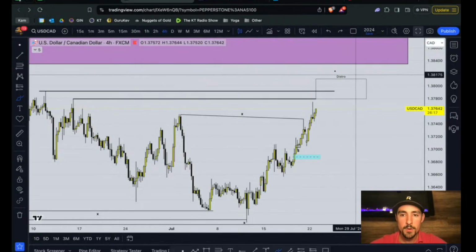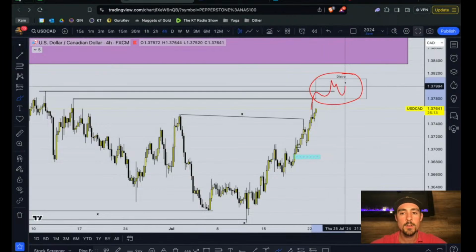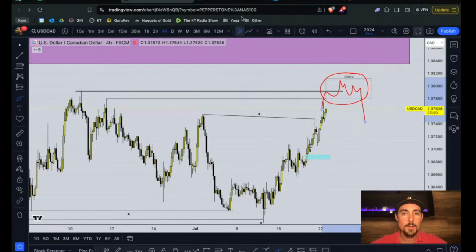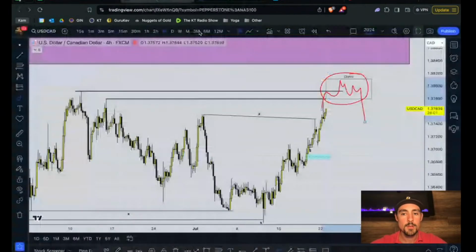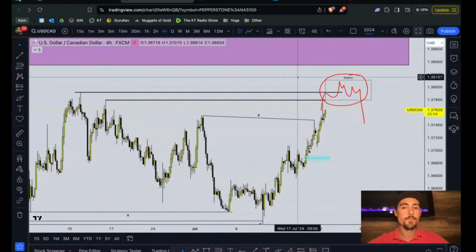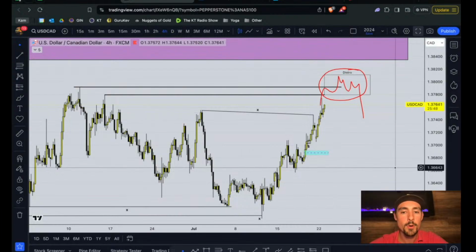I want to see what price action does on the smaller time frame inside these areas, giving us the potential opportunity for sells, assuming that price develops in a way where we can still be confident that we're going to see that interest rate cut, which would be bullish for Canadian dollar. Obviously there's no firm entry opportunity given there, but that's just a bias that I'm waiting to see how things play out over the next 24 to 48 hours.